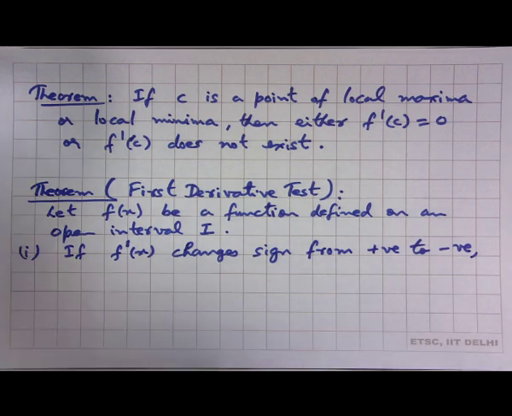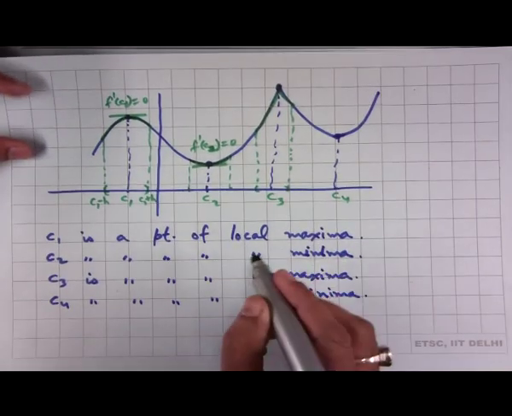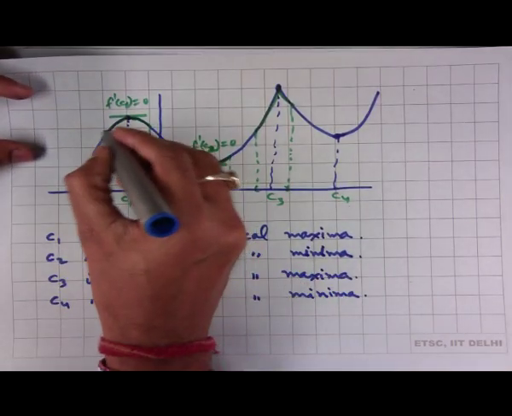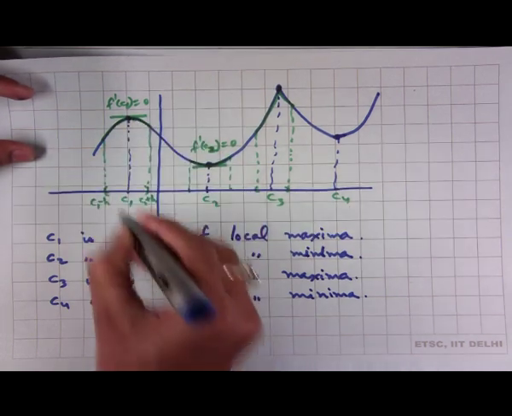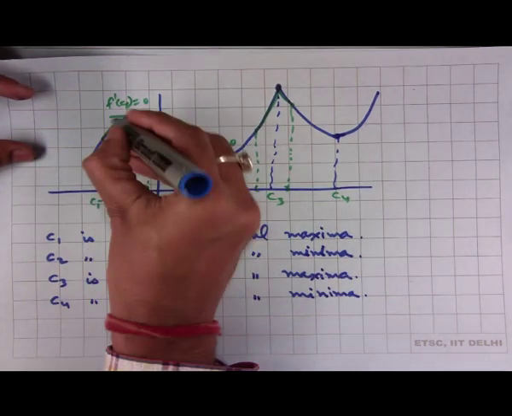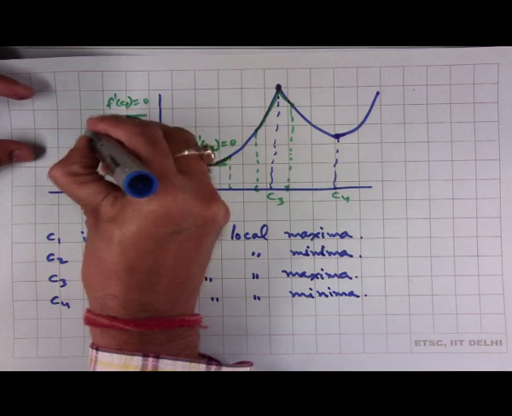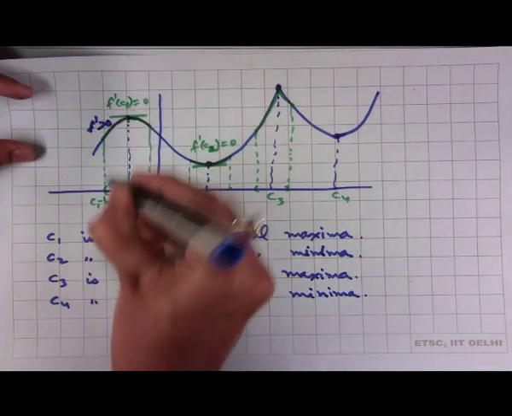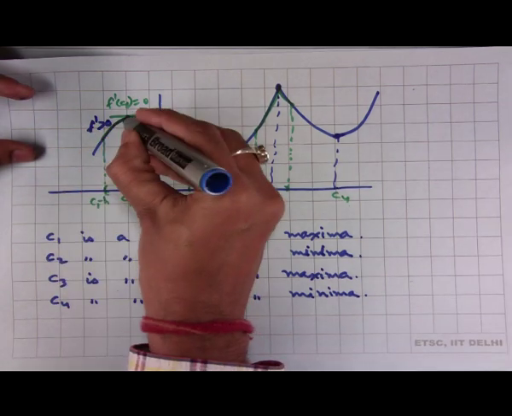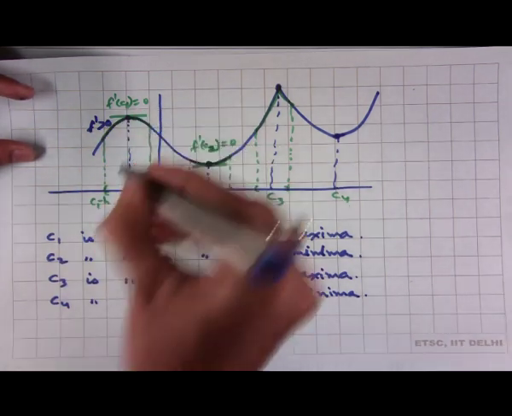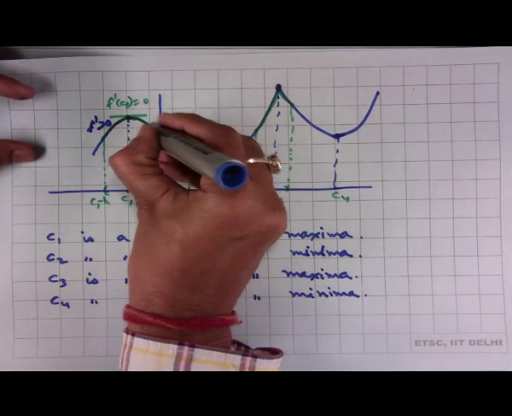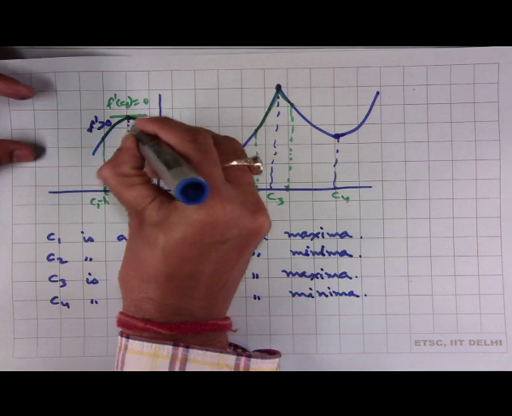See what happens in this example. As we move across this C1, f prime is positive here because the function is increasing, and then the function is decreasing as we move to the right of C1. So, f prime is negative here.